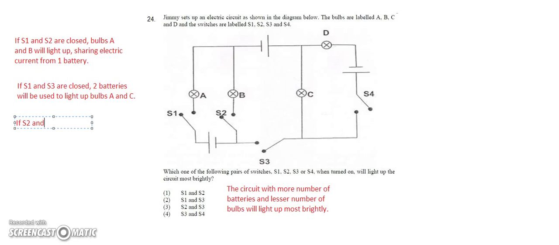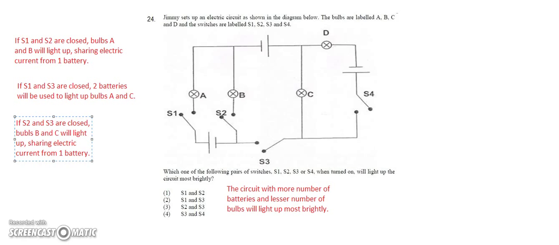Switch 2 and switch 3 are closed. Bulbs B and C will light up, but again there is a sharing of electric current from one battery.